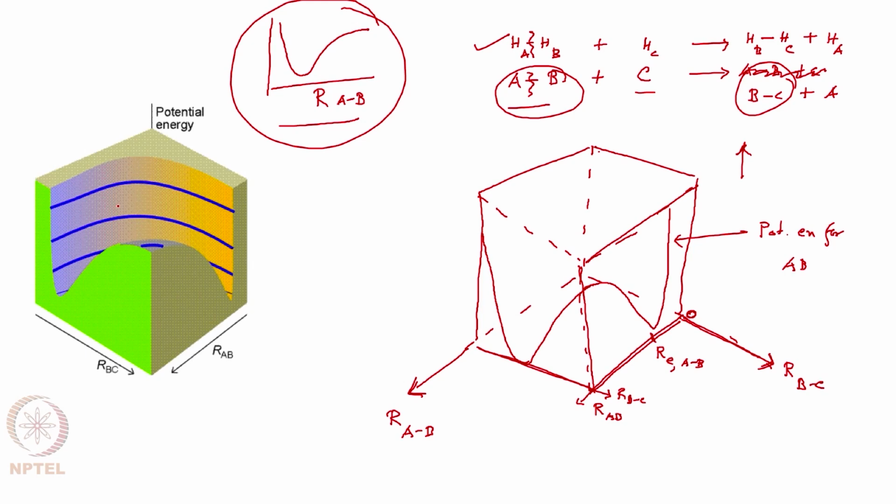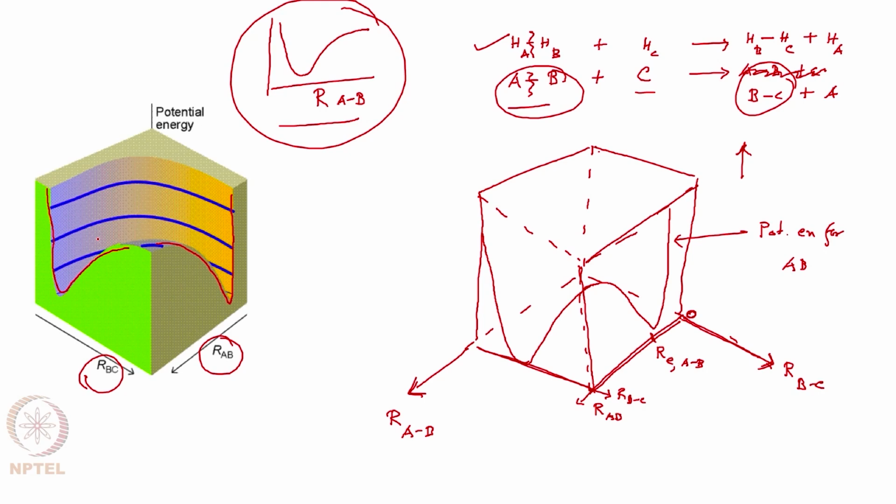Now you see the drawing on your left, which is a more accurate, more picturesque drawing, and it shows that I have a potential energy like this for the BC vibration, and a potential energy like this, a diatomic potential, for the AB vibration. Together, there is actually a surface when I am varying RAB and RBC together.